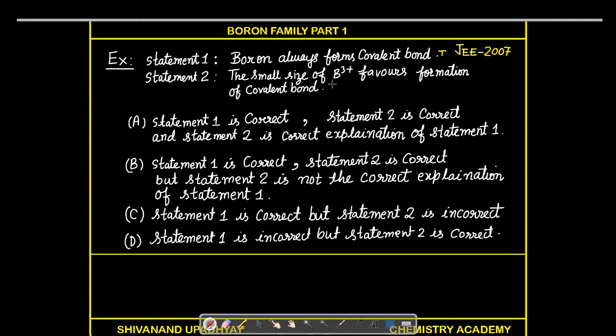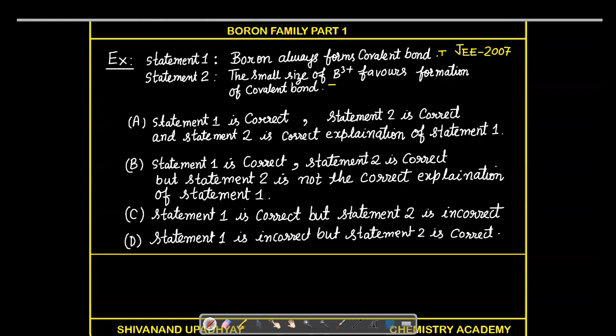Yes, the ionization energy of boron is very high. If you add the first, second and third ionization energies, that value is very high, and because of that B+3 does not form. So because of the small size of boron, its ionization enthalpy is high and there is no formation of B+3 ions. So the small size of B+3 ions favors formation of covalent bond.